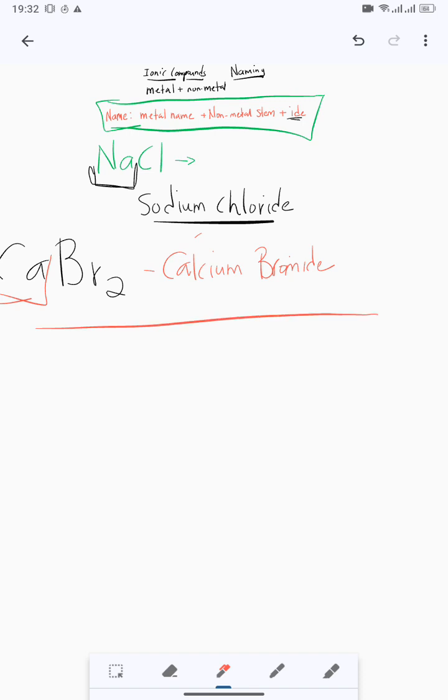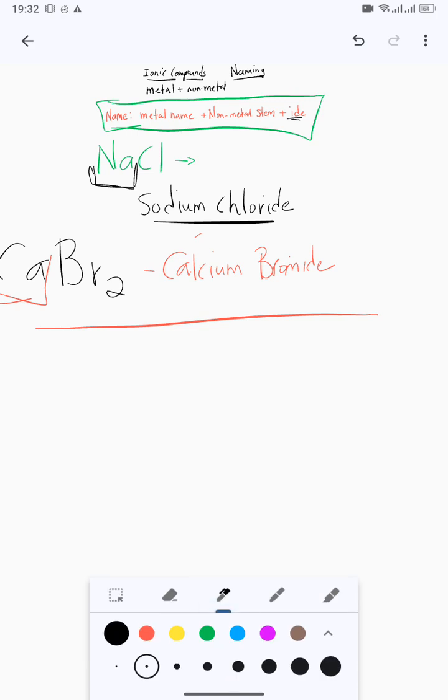Now, by the way, I think I forgot to tell you, this is how to name ionic compounds when the metals have a fixed charge.